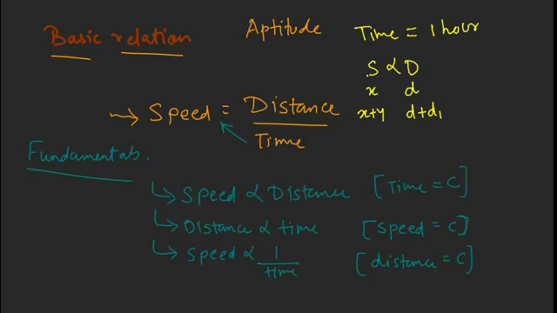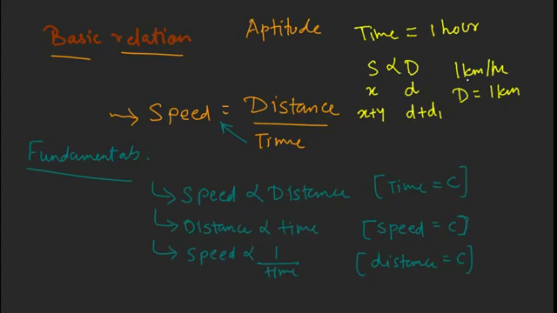Let us make it live. Suppose you have 1 hour and your speed is 1 kilometer per hour. So your distance would be 1 kilometer. You will travel 1 kilometer in 1 hour. Time is equal to 1 and speed is also 1 kilometer per hour, then distance would obviously be 1 kilometer.